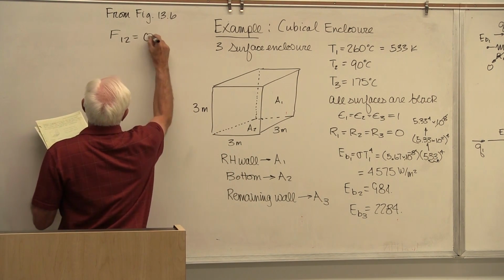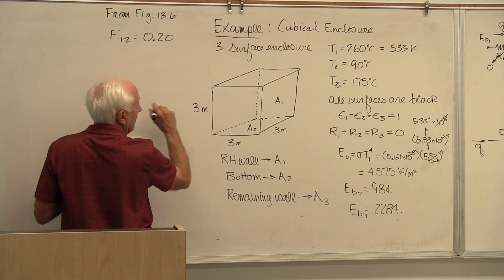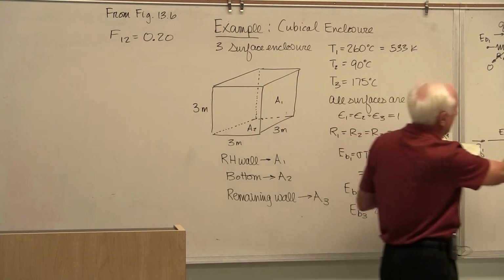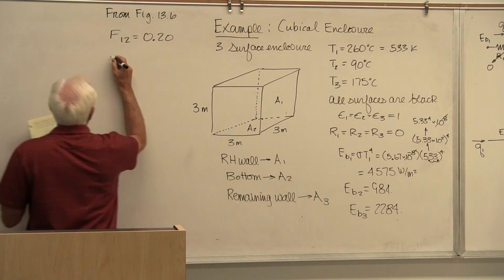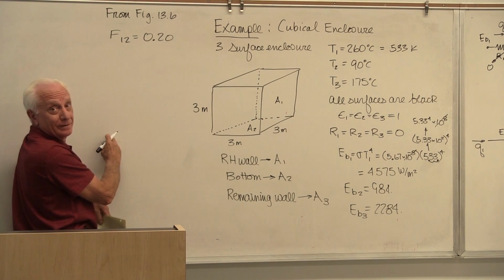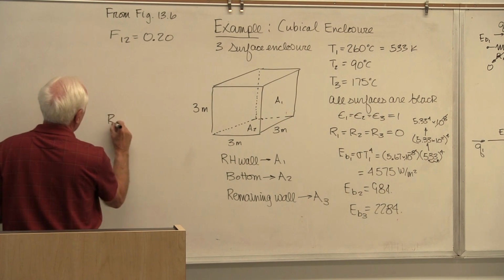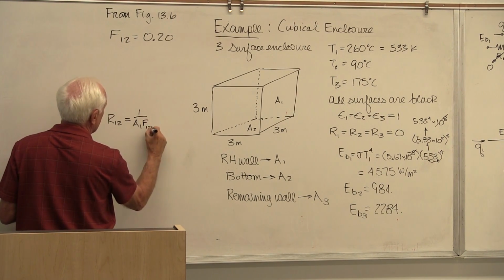F12 from that figure, 0.20. So R12 equals 1 over A1 F12.